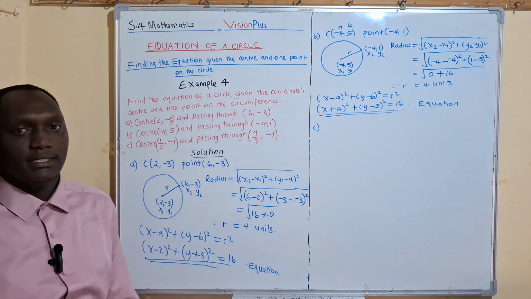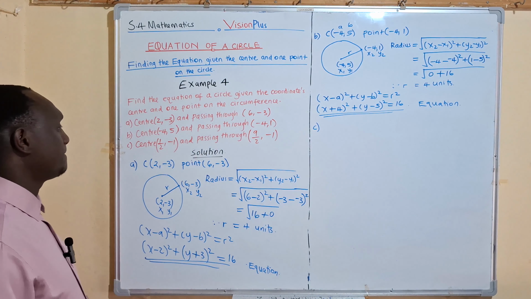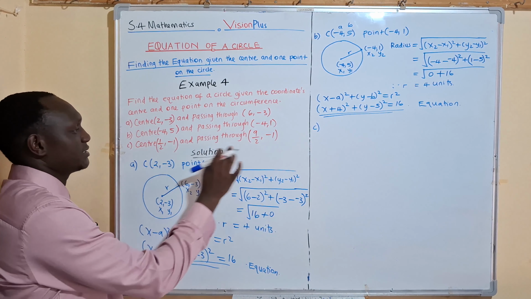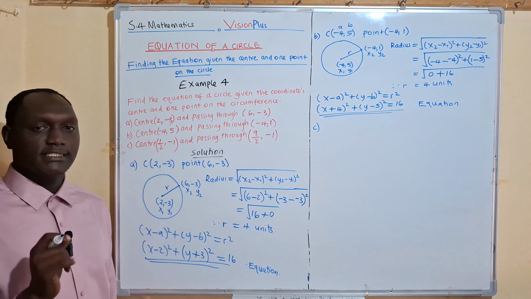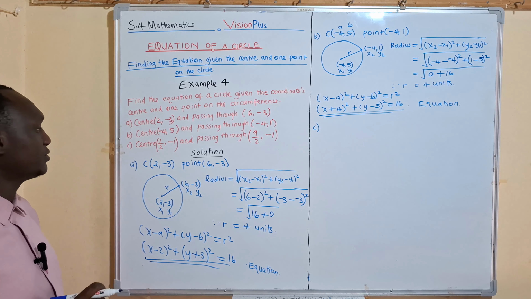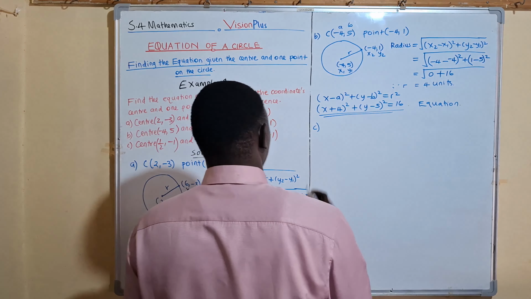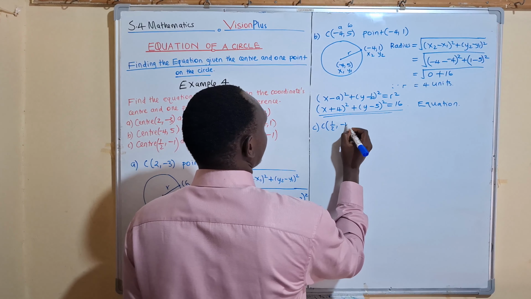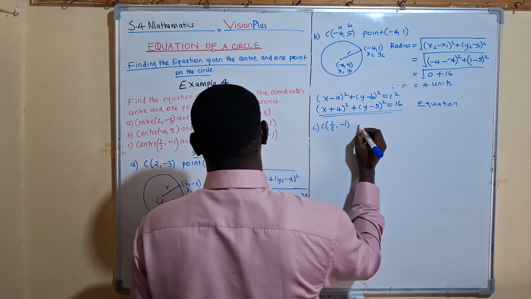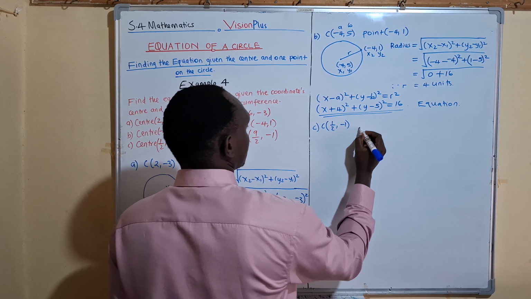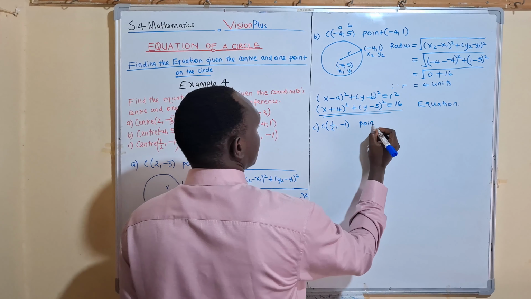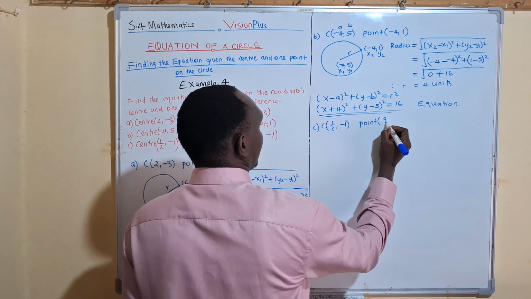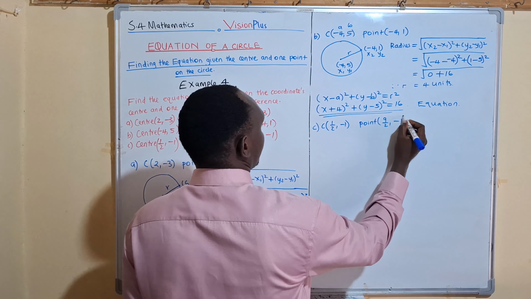In the same way, let us go to part C. Part C, I'm seeing fractions, but don't worry, just substitute as you should. So the center is a half, -1, and the radius, not the radius please, but the point on the circumference is 9 over 2 and -1.